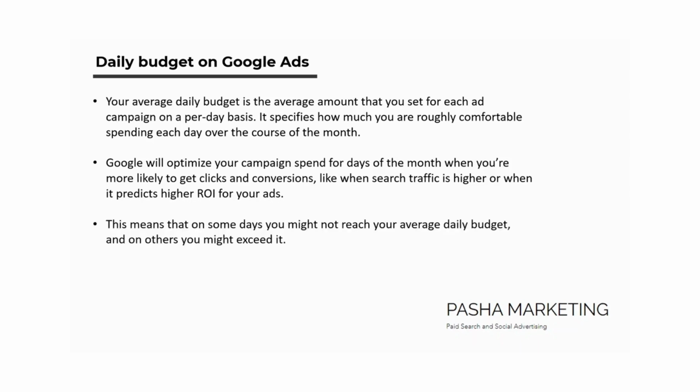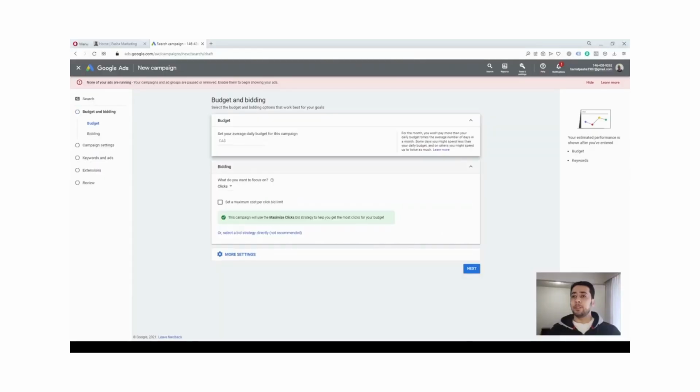This means that on some days you might not reach your average daily budget, while on some other days you might exceed it. We are going to give $15 as our daily budget. Remember, this $15 doesn't mean that Google is going to spend $15 for your campaigns on a daily basis.